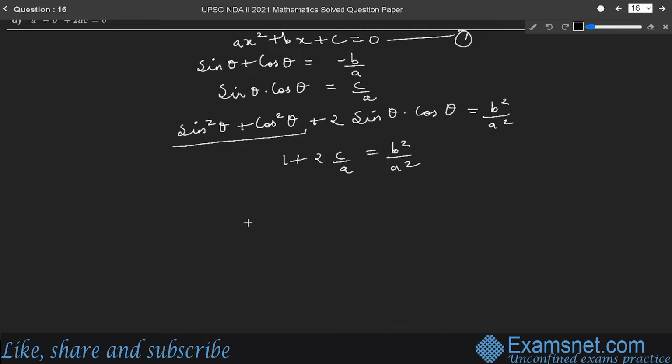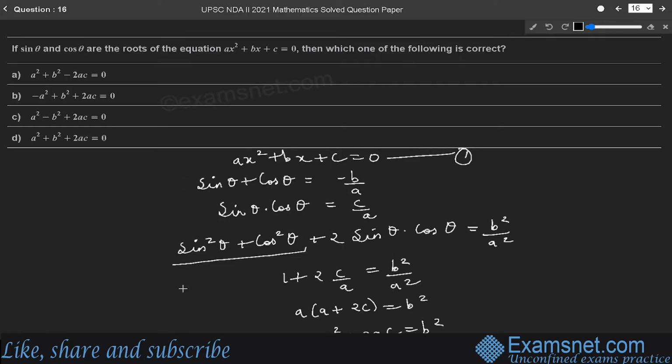So on further solving, it will be a into a plus 2c is equal to b square. So it can be written as a square plus 2ac is equal to b square, or a square minus b square plus 2ac is equal to 0. So this is the correct option for this question. Therefore, the correct option here is option number C, which is a square minus b square plus 2ac.